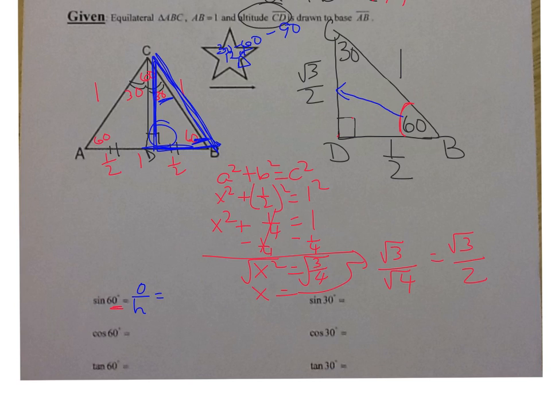That's radical 3 over 2, and the hypotenuse is equal to 1. So I have hypotenuse, opposite, and this is the adjacent side. So I have the square root of 3 over 2 over 1, which is just the square root of 3 over 2. So that's sine of 60 degrees. Cosine is the adjacent over the hypotenuse. So that's 1/2 over 1, which is equal to 1/2. Tan is opposite over the adjacent.